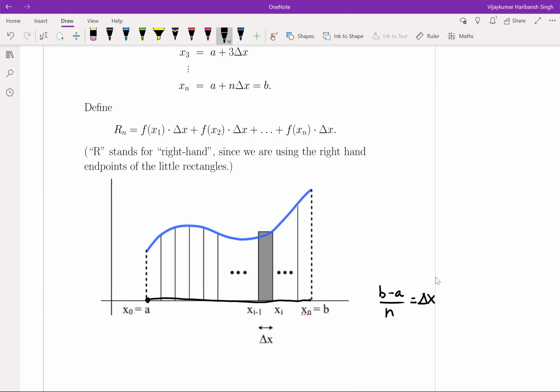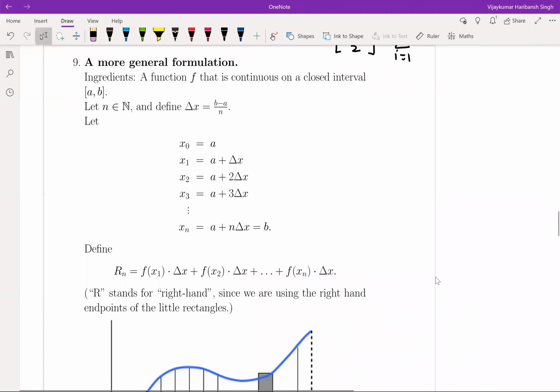So basically you're dividing a to b into n equal parts. This length is delta x. The first point, x0, is going to be a. The second point is x1, which is a plus delta x.